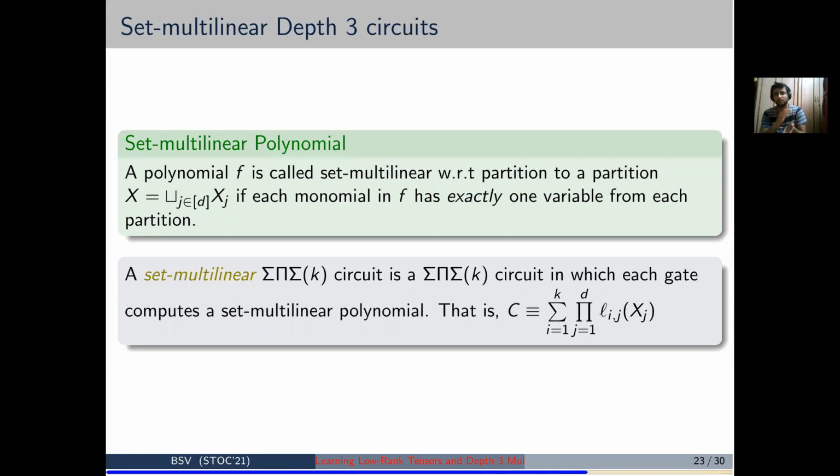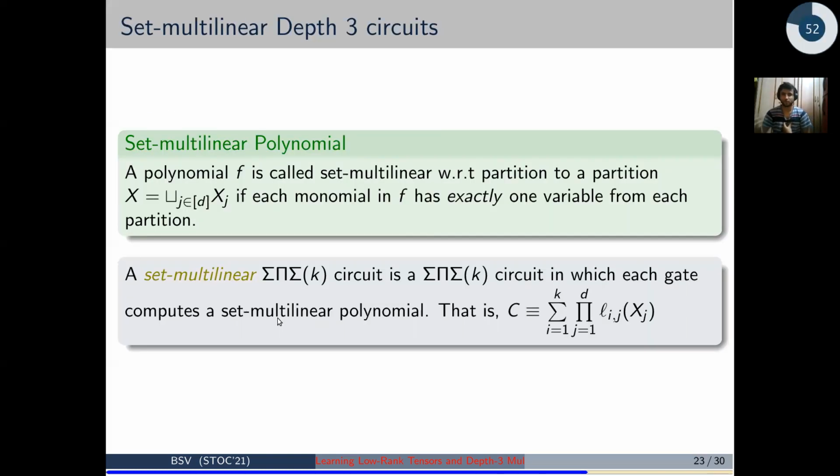A set multilinear polynomial is described with respect to a partition. For instance, suppose I give you a disjoint partition of a variable set x into d sets, then we call this polynomial set multilinear with respect to this partition if each and every monomial has exactly one variable coming from each and every part.